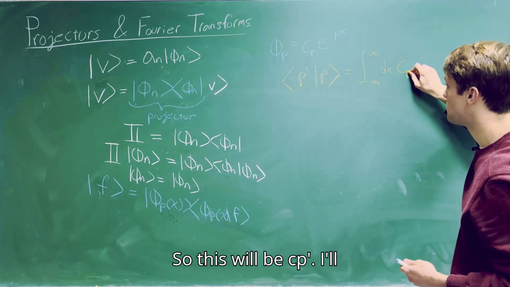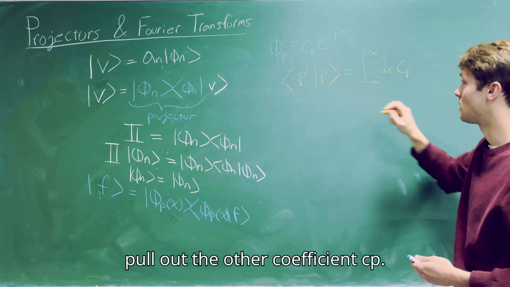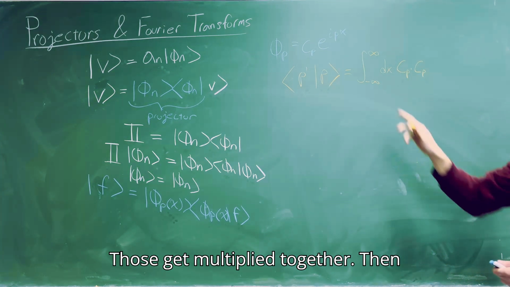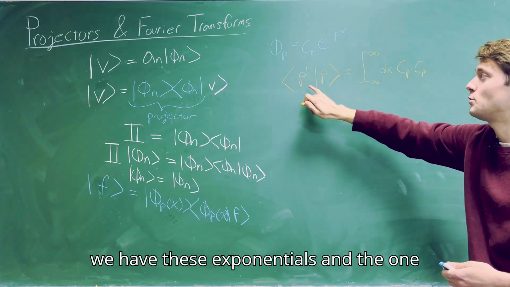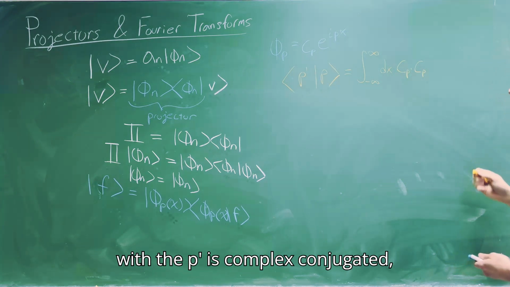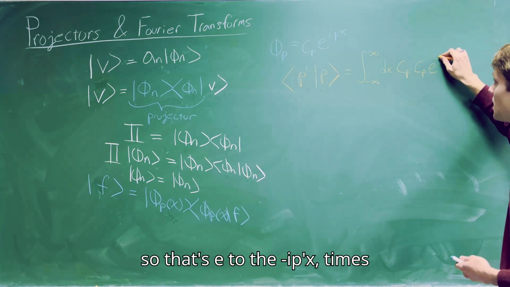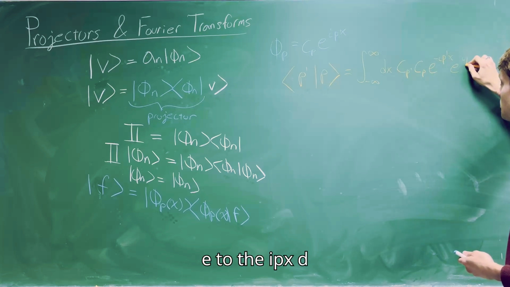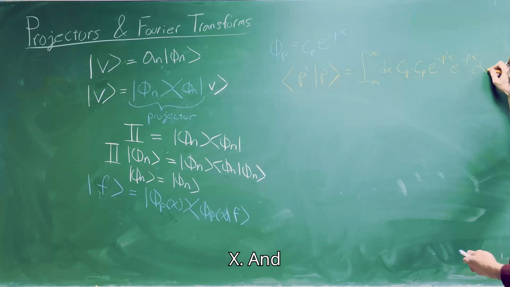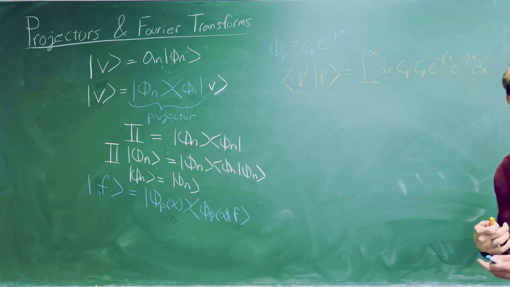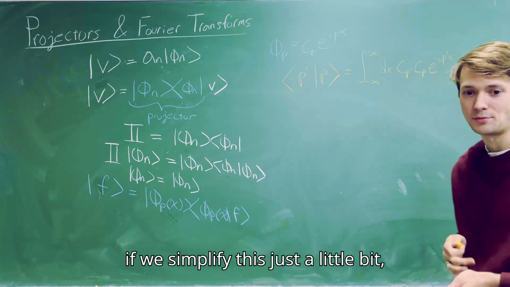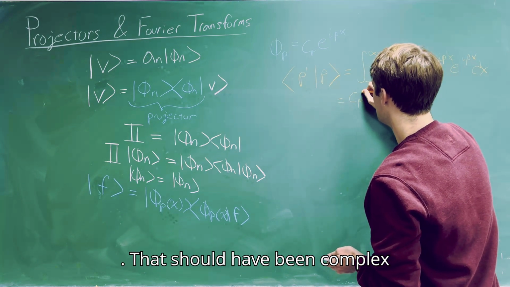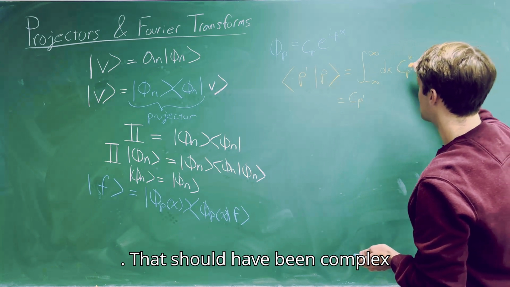So this will be C_p prime. I'll pull out the other coefficient, C_p. Those get multiplied together. Then we have these exponentials, and the one with the p prime is complex conjugated. So that's e to the minus i p prime x, e to the i p x dx. And if we simplify this just a little bit, then this will be equal to C_p prime. That should have been complex conjugated.